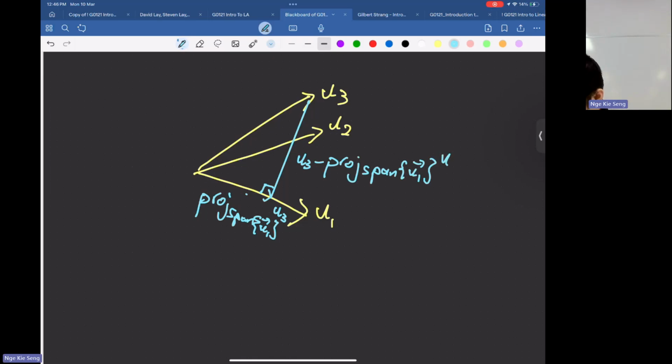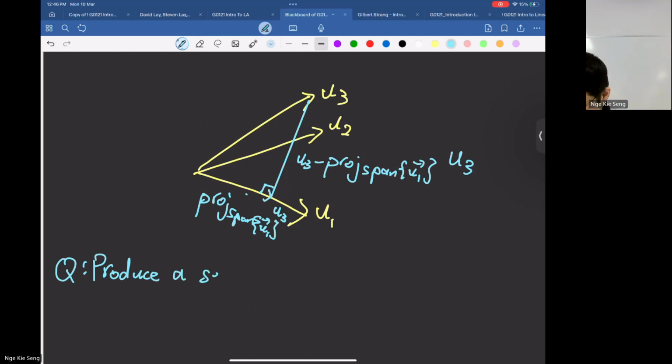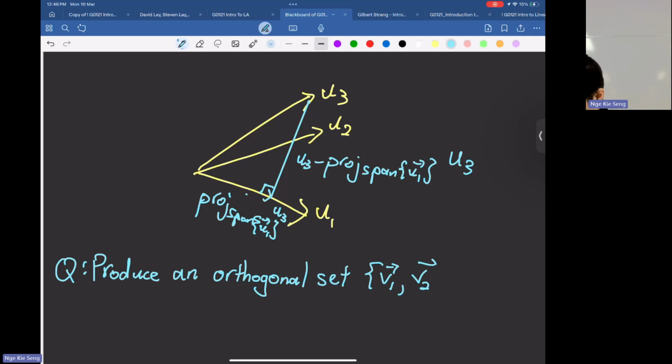Let's make it a bit systematic here. We're going to produce a set of, so let's put the question here: produce an orthogonal set V1, V2, and V3. Let's call it a new name, to differentiate from the old one.